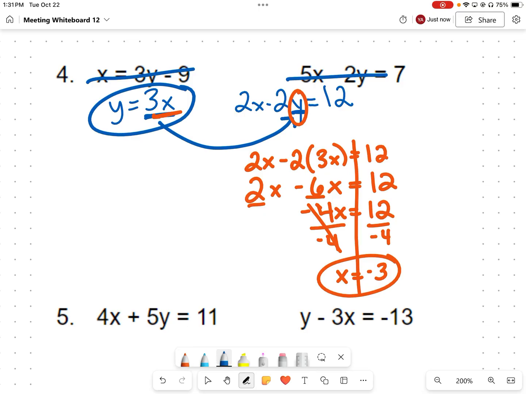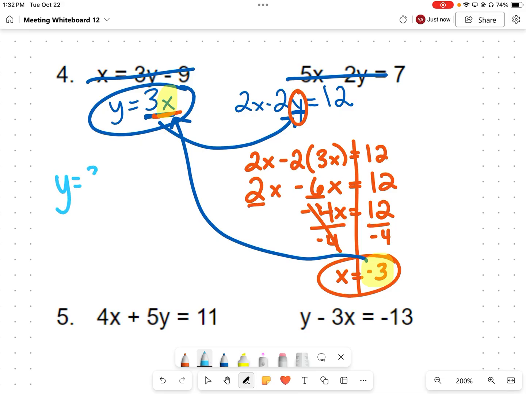Okay, then we have our x, but we need y. So which equation would it be easier to plug in the x to find y? The first one, because look, if I put this in here, it's going to be super easy because y'all watch. X is negative 3. So instead of putting x, I'm going to put negative 3.